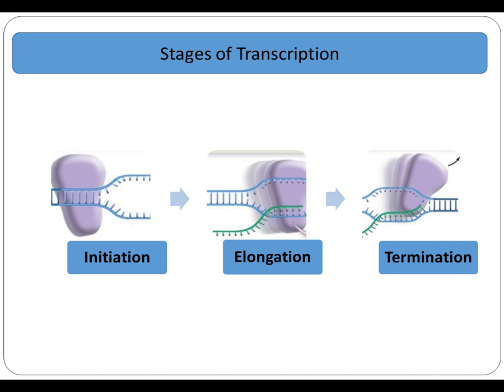It is exposing what's called the template strand. What did we have to break here to expose the template strand? Hydrogen bonds. So RNA polymerase breaks the hydrogen bonds between the two strands, and now our nucleotides are exposed.